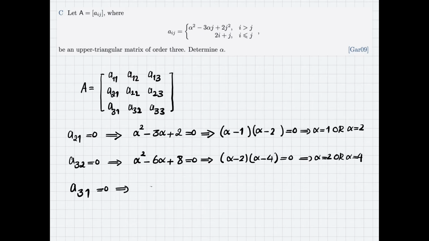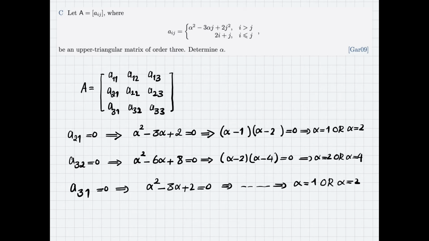So then it becomes alpha squared minus 3 alpha plus 2 equals 0. Why? Because here the j index is exactly 1, so if I replace it with the j index, I will get the same equation. So this means that I can solve it as before, and I will get alpha equal to 1 or alpha equal to 2.